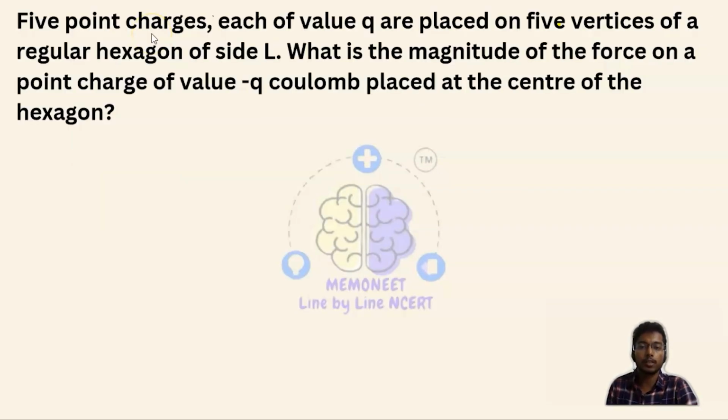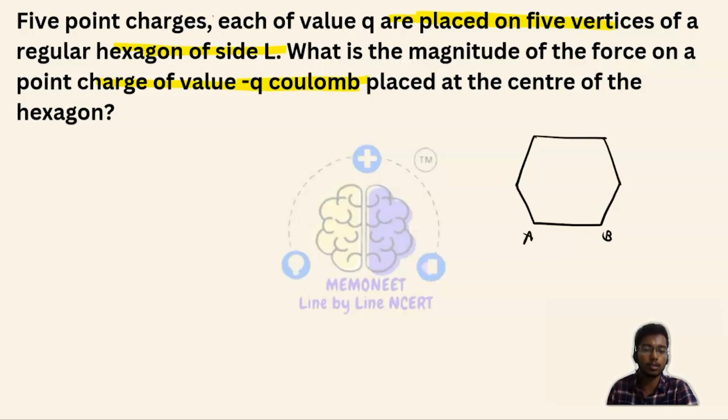5 point charges, each of value q, are placed on 5 vertices of a regular hexagon of side L. What is the magnitude of the force on a point charge of minus q coulomb placed at the center of the hexagon? Here we have a hexagon with vertices A, B, C, D, E and F. In the corners we have positive charges plus q, plus q, plus q, plus q and plus q.